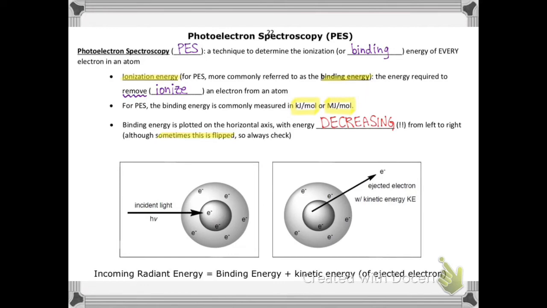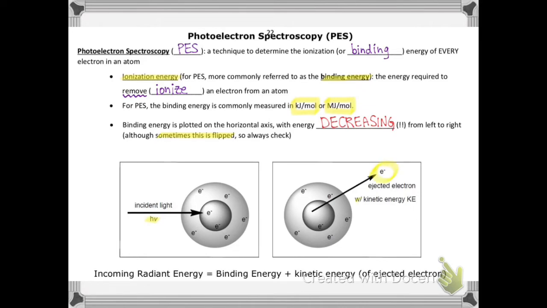All right. So what's happening in photoelectron spectroscopy is you are basically smacking an atom with light. That's pretty much all of spectroscopy. You've got some kind of incoming electromagnetic radiation, which doesn't necessarily have to be visible, and it's going to come in and kick an electron out. Boom, escape.